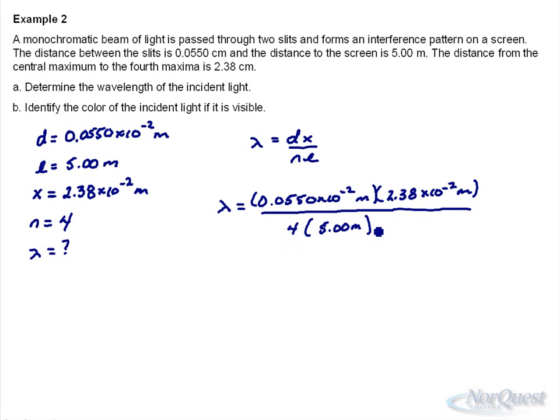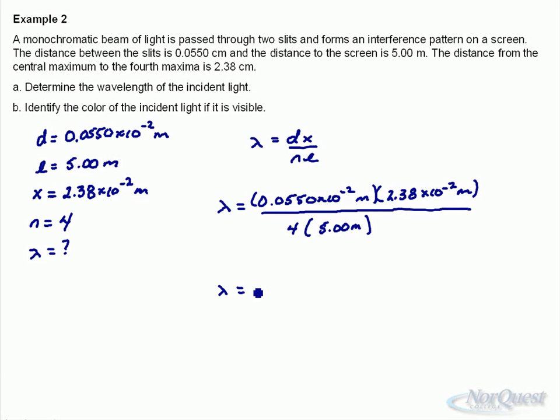Remember, when you're punching this in, you need to bracket the denominator. So it'll be 0.0550 times 10 to the exponent negative 2 times 2.38 times 10 to the exponent negative 2.